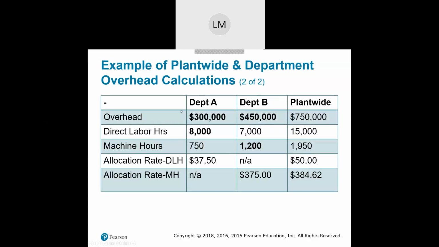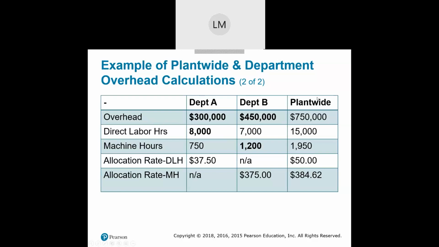So for Department A, and you might want to screenshot this after I get done typing on here, we're going to look at four different scenarios. We're going to look at Department A, which is based on direct labor hours, Department B, whose overhead is linked to machine hours.